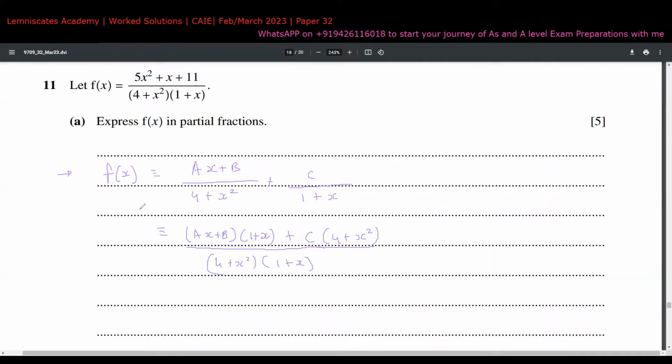Now, as you know that this is equivalent to this thing, we can see that the bottom parts are exactly the same. So we can say that the top part, this numerator, is equal to the numerator over here as well.